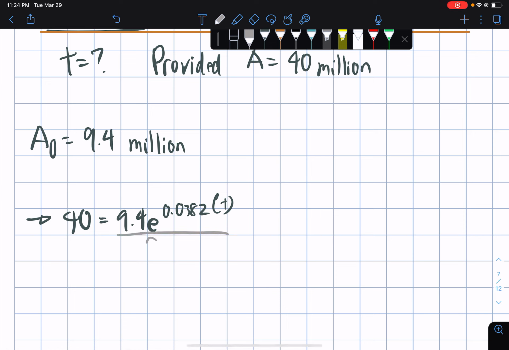Divide both sides by 9.4. e raised to 0.0382 t is equal to 40 over 9.4, which is, let's just keep it as a fraction. Multiply both sides with ln.